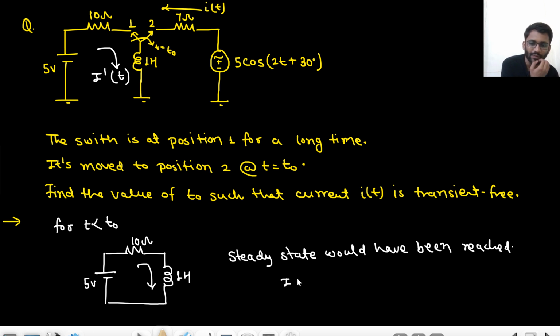So what will be the value of current i dash for t less than t naught? The inductor will be shorted, right? So that would be 5 by 10, 0.5 ampere. Now what will happen for t greater than 0?